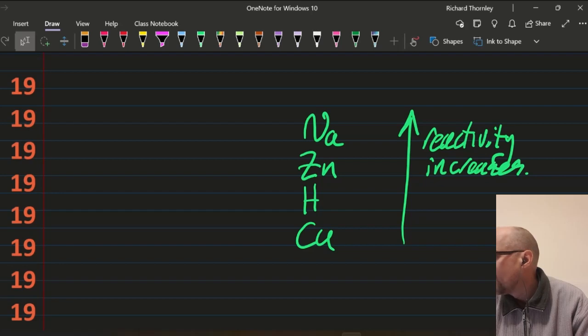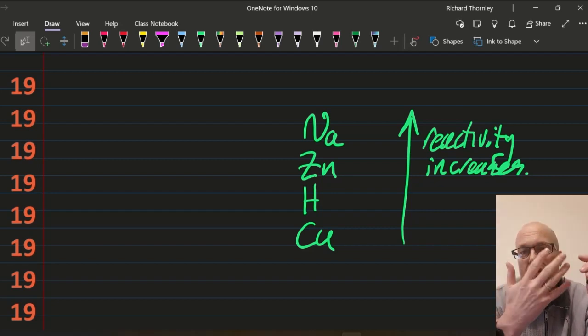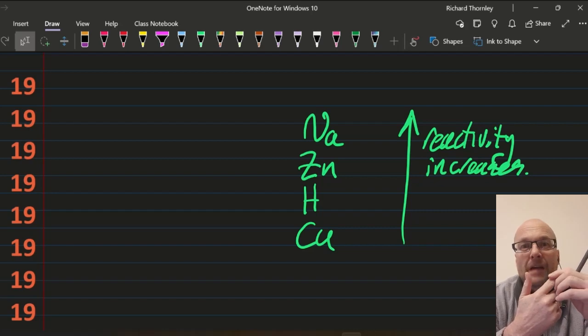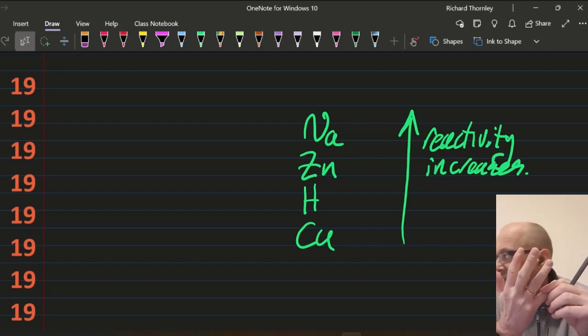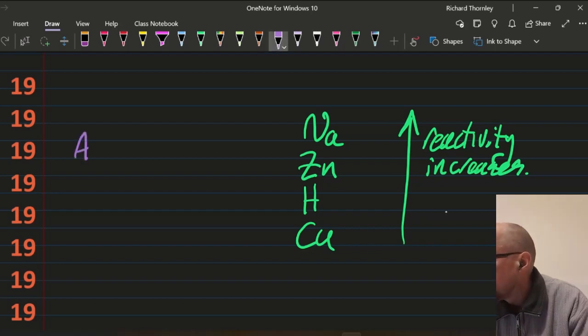Which of the following does not react with dilute hydrochloric acid? Okay, so there are 5 things that react with acids. You've got reactive metals, carbonates, hydrogen carbonates, hydroxides, and oxides. All right then. So I see A is a carbonate, so it ain't A. Oh no, do not react.